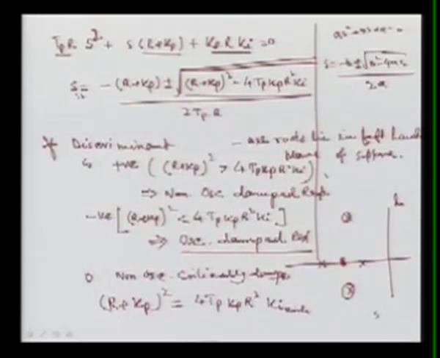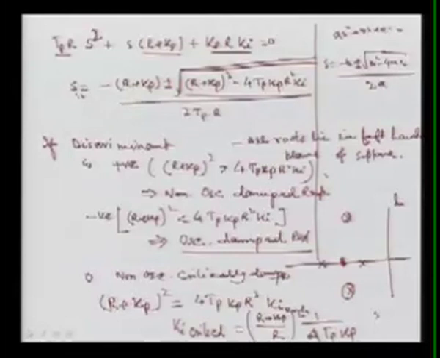If we divide, we can write Ki critical equal to R plus Kp divided by R, squared, and then 1 upon 4 Tp Kp. So this is the critical gain when we are getting the non-oscillatory critically damped response.